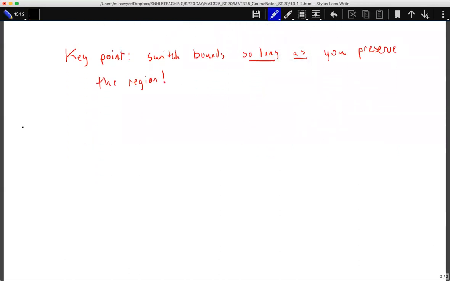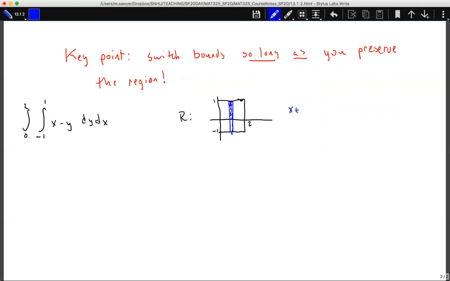So if we consider again the example 0 to 2, -1 to 1 of x minus y dy dx, we said the region R looked like the rectangle from -1 to 1 for our y-axis and 0 to 2 for our x-axis before we had drawn the rectangles horizontally. But now if we draw the rectangles vertically, we're allowing x to change first.